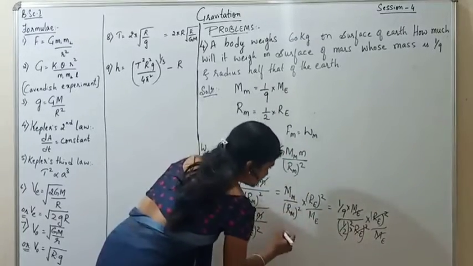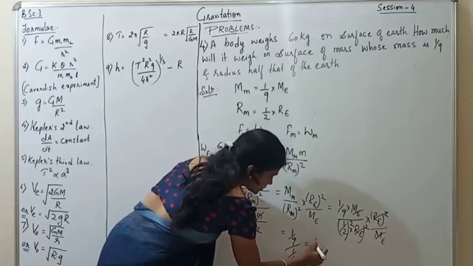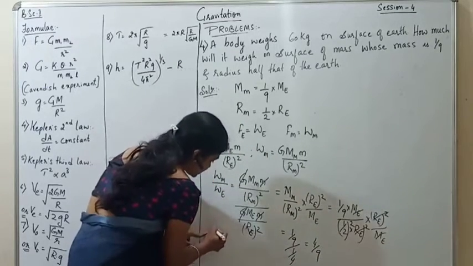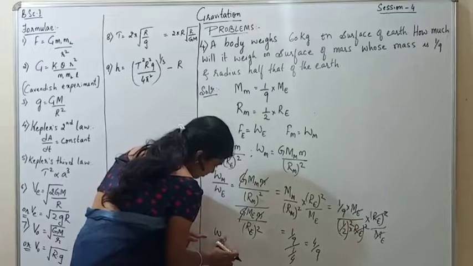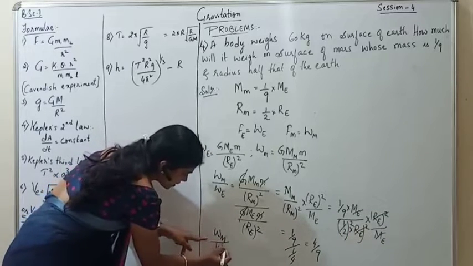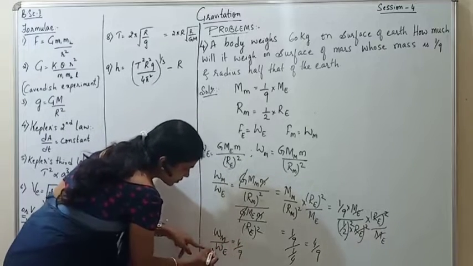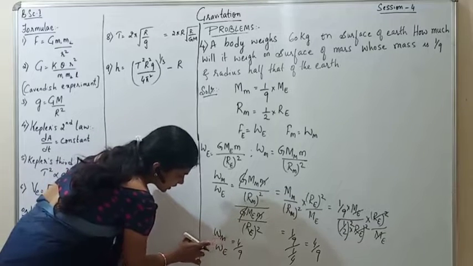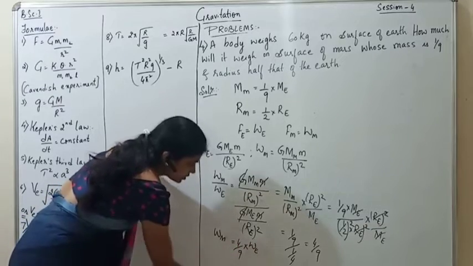So I get 1/9 divided by 1/4, that is equal to 4/9. But what is this? This is the ratio of weight on Mars divided by weight on Earth. So this is equal to 4/9. But what is the weight on Earth? This is 60. So I can say weight on Mars is equal to 4/9 into weight on Earth.